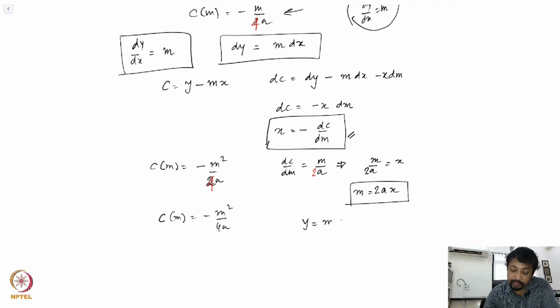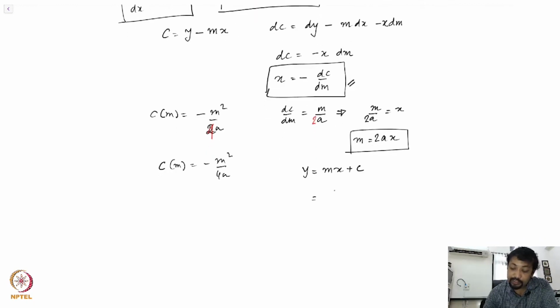Now y is mx plus c. If y is mx plus c, then you see that this is twice ax squared, if you substitute for m over here, plus c is minus m squared by 4a. So let's do it carefully now, so that we don't make any mistakes.